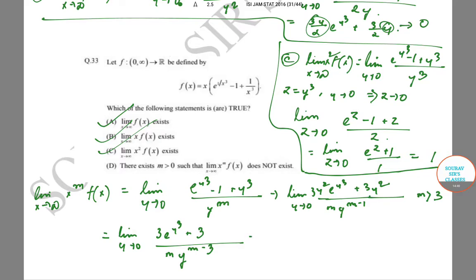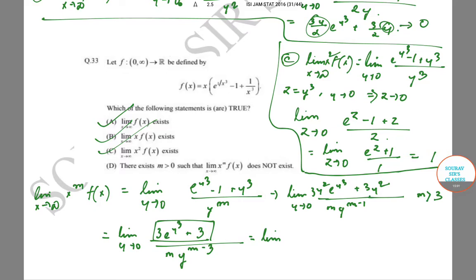So now another use of L'Hopital's rule. However, see that we cannot actually use L'Hopital's rule because the numerator is not going to 0 as y goes to 0, and this is not an indeterminate form.